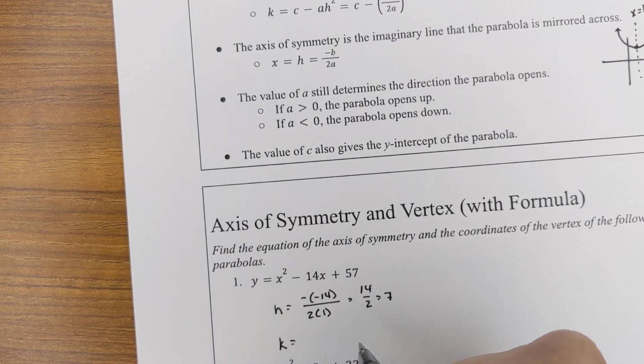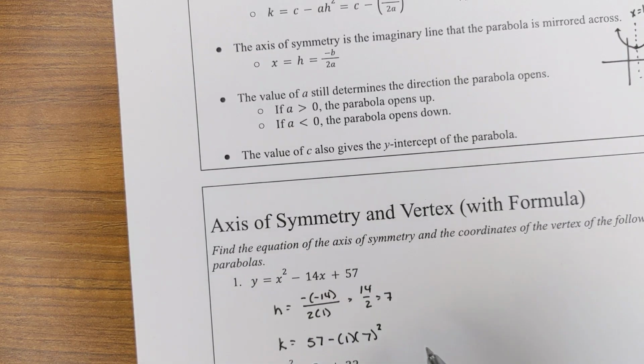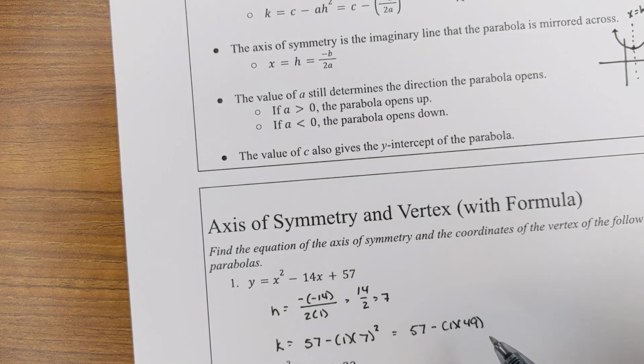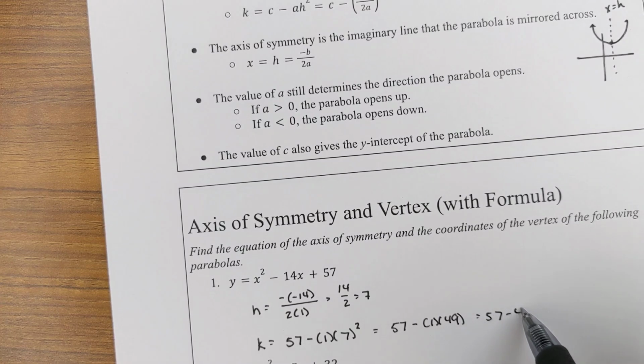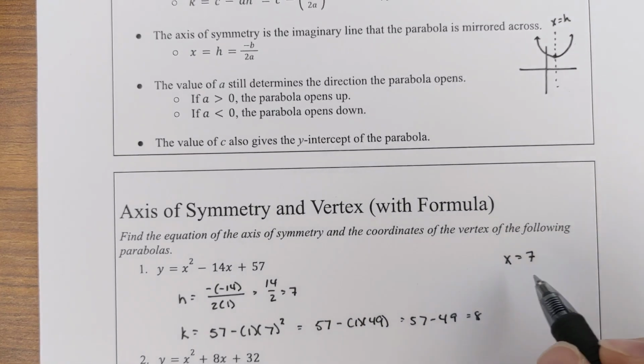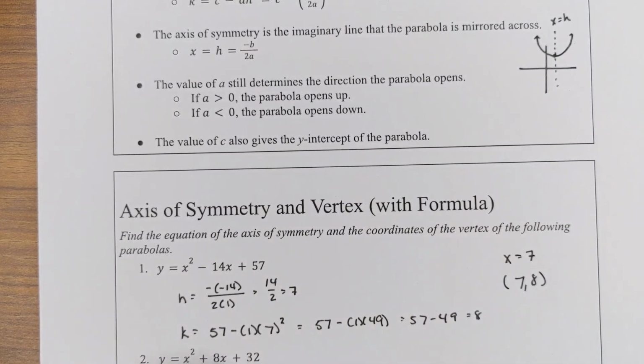So k equals c, which is 57, minus a, which is 1, times h squared. That's 57 minus 1 times 49. Remember, the exponent comes first. 57 minus 49 is 8. The axis of symmetry is just x equals h, so x equals 7. And the vertex is the coordinate h comma k, 7 comma 8.